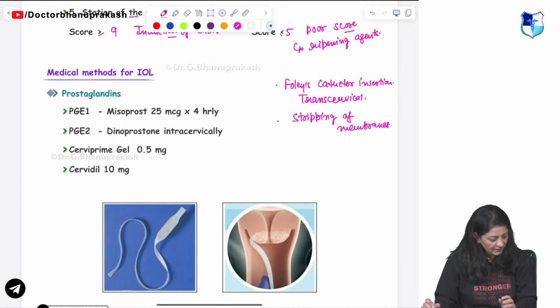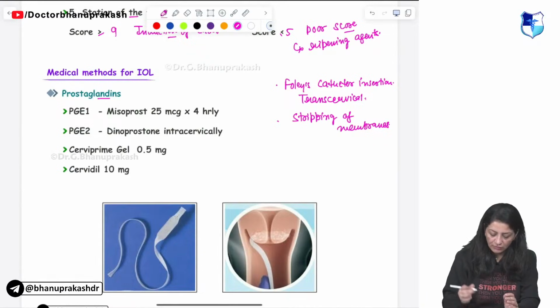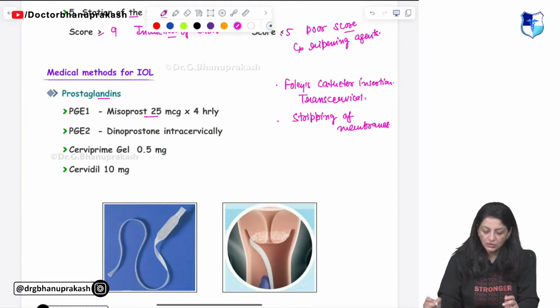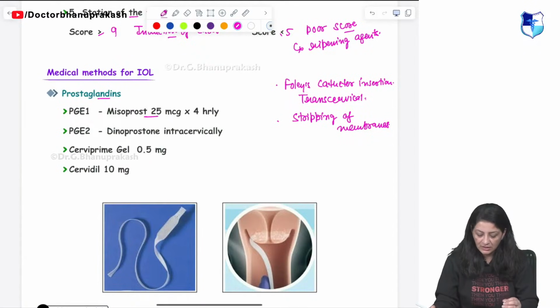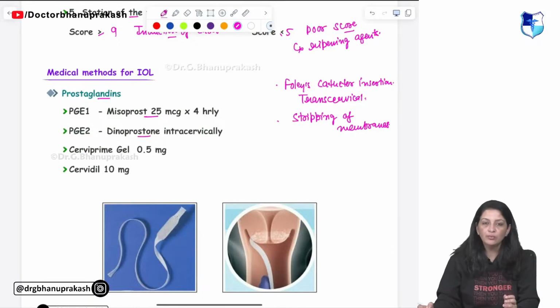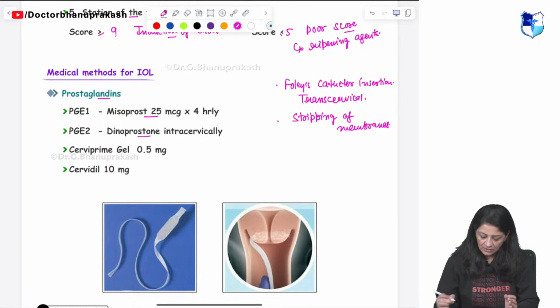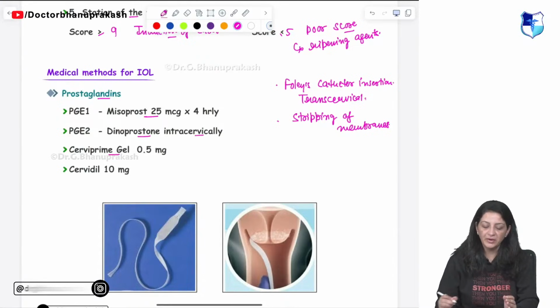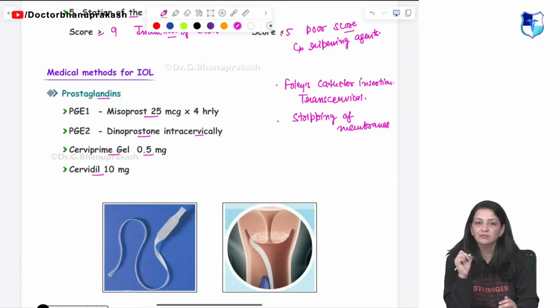So what are the medical methods? Use of prostaglandins. This is important. Misoprostol 25 micrograms, 4 hourly. We can use dinoprostone intracervically in the form of Cerviprime gel 0.5 milligram, or in the form of Cervidil 10 milligrams.